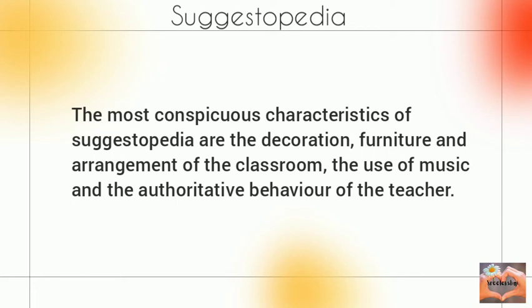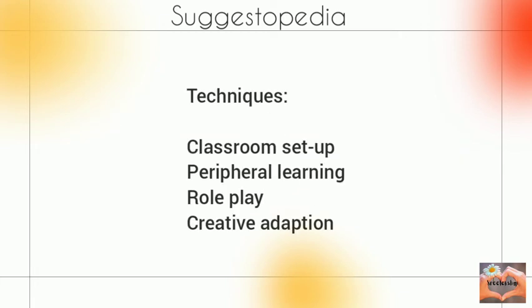The most conspicuous characteristics of Suggestopedia are the decoration, furniture and arrangement of the classroom, the use of music, and the authoritative behavior of the teacher. Now, the techniques used in this method are the classroom setup, peripheral learning, role play, creative adaptation, etc.